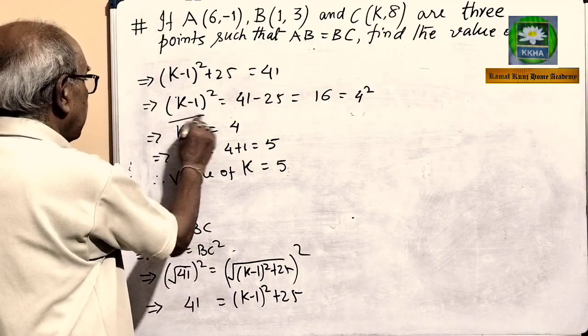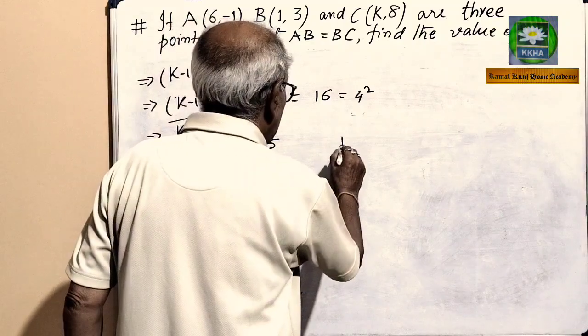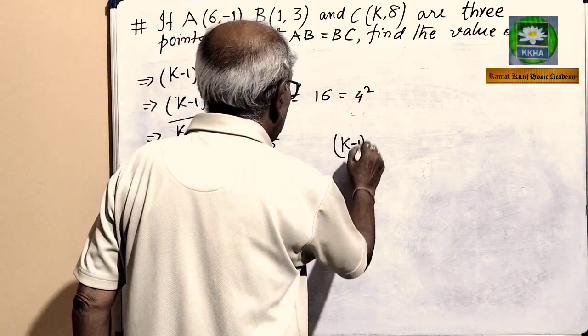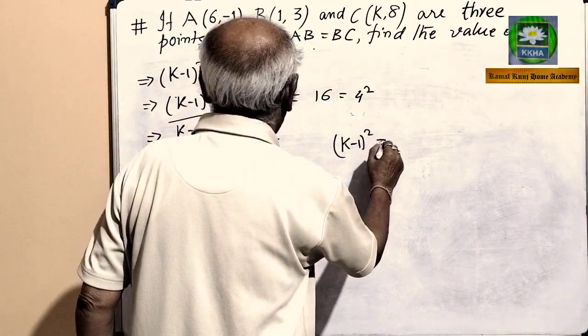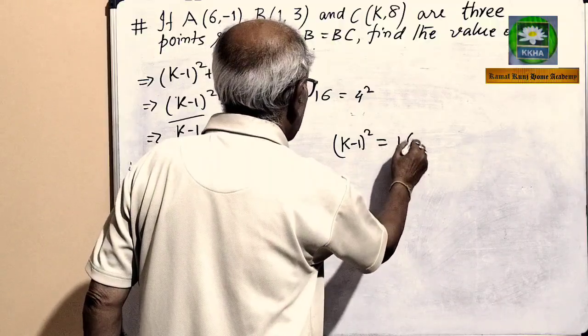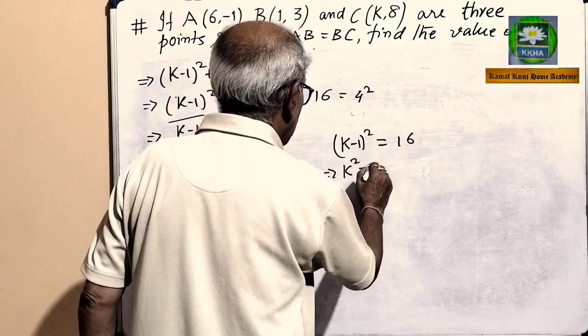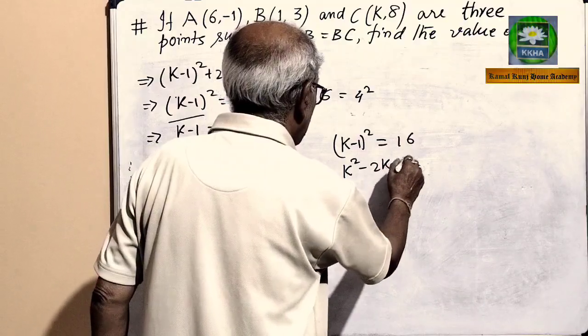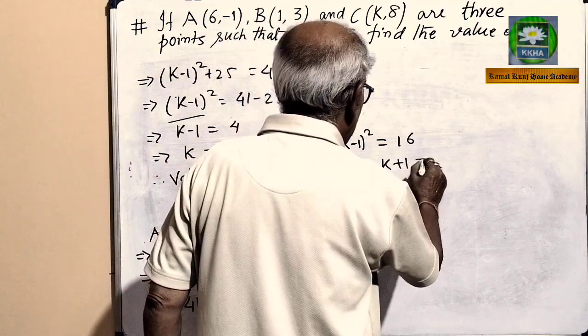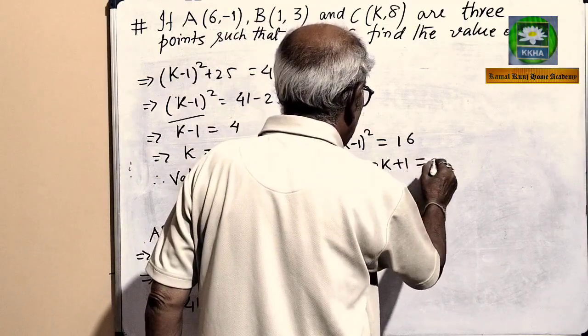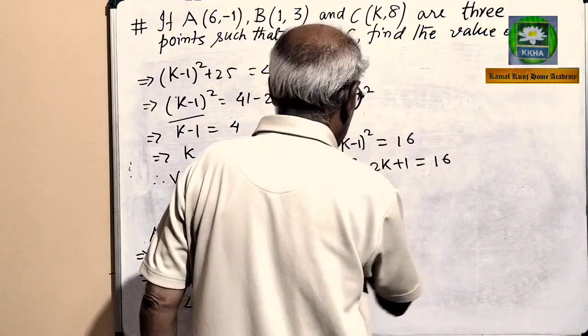If you expand it, (K minus 1) whole square is equal to 16. K square minus 2K plus 1 is equal to 16.